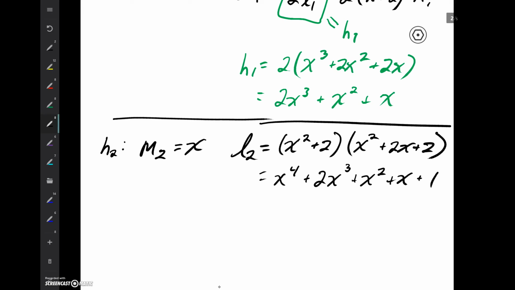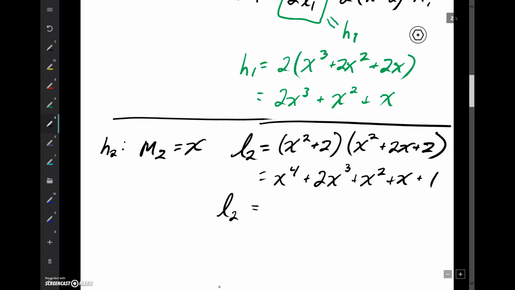We're going to do the same thing. We need to try and write this in terms of m2, which is x. Now this one I'm going to do kind of intuitively. Instead of doing long division, which is fine, you could do it the same way we did for H1. Instead, I realized m2 is only x, and 4 of these terms have x in them. So we could just factor out an x, which leaves behind x to the 3rd plus 2x squared plus x plus 1.